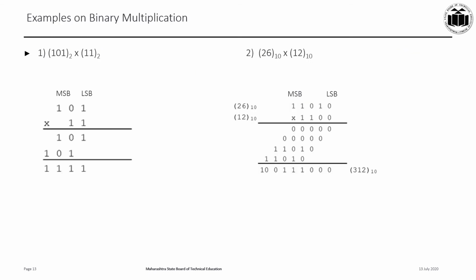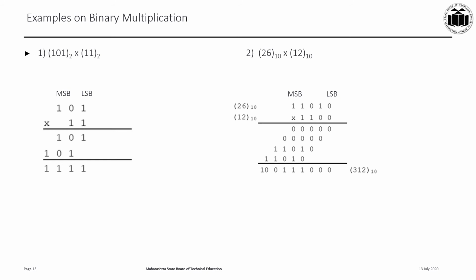Coming to the examples on binary multiplication. Let us take the example of 101 binary number is to be multiplied with 11 binary number. 11 is your multiplier and 101 is your multiplicand. Now you first start with the LSB of the multiplier. So you multiply 1 with 101.